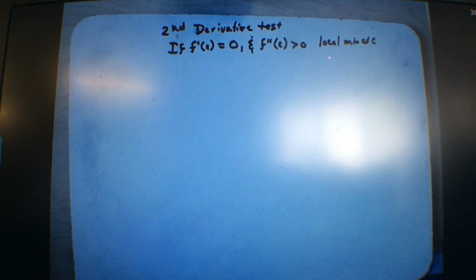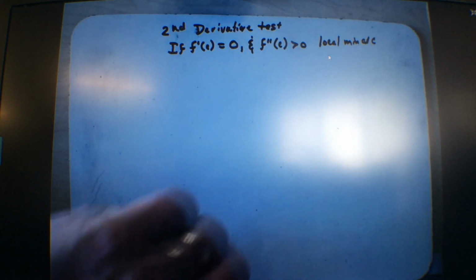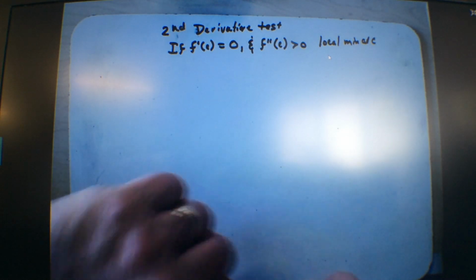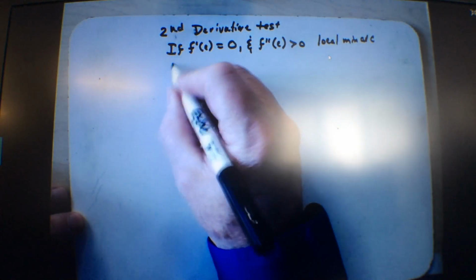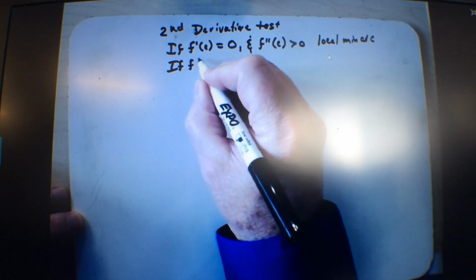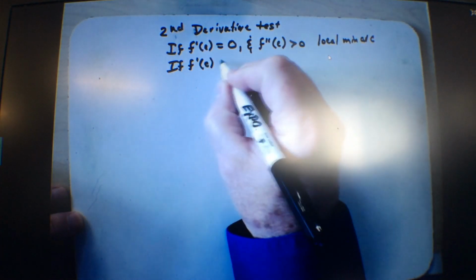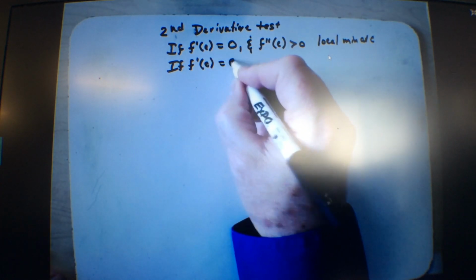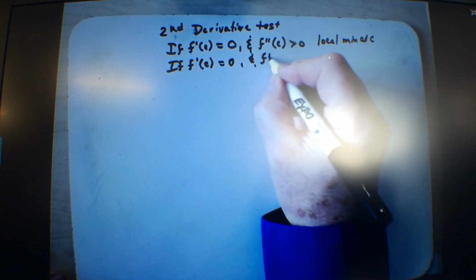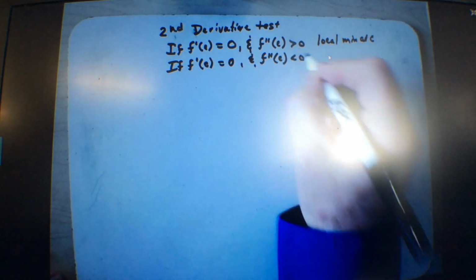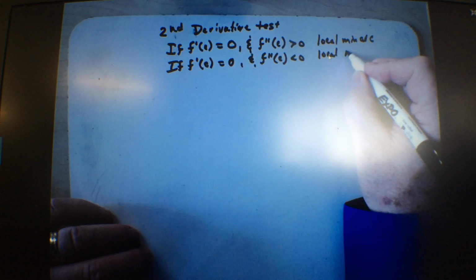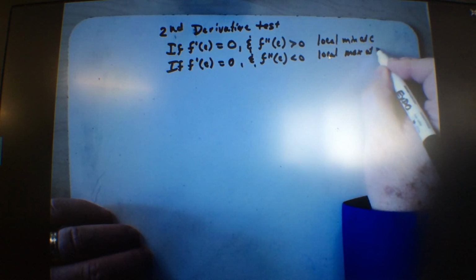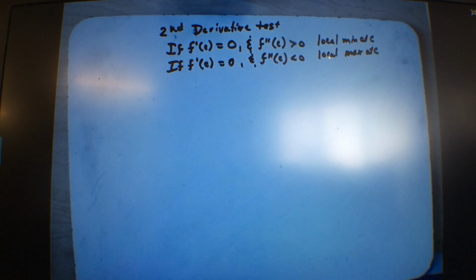We just talked about that, didn't we? With my hand, remember? If we have a critical point and it holds water, we have a minimum point, right? Then the other is true. If the derivative at c is equal to 0, and the double derivative at c is less than 0, so it's like this, we have a local max at c. We just talked about that, correct? That's the second derivative test.